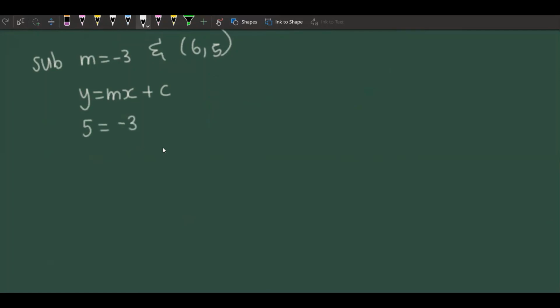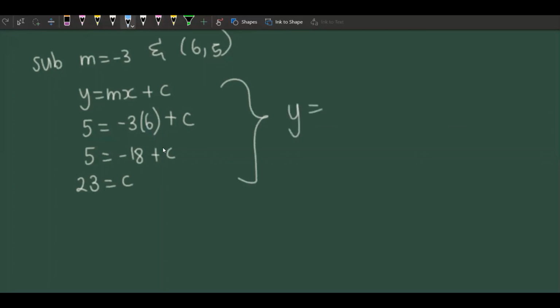In the place of x, we're putting 6. So 5 is equal to -18 plus c. If we take the 18 over, it becomes +18, and we get c is 23. So our equation is y is equal to -3x. Our gradient we got from the fact that it is perpendicular, and our y-intercept is +23.